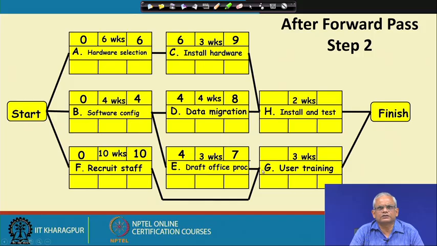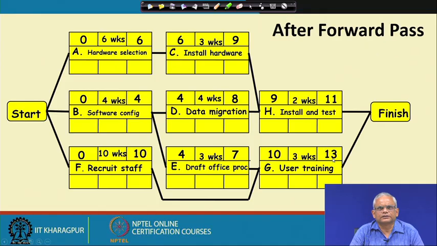Now, G also has 2 predecessors, that is F and E, and even though E completes at 7, it cannot start on 7, it has to start on 10. We will put here 9 and 10, and this becomes 11 and this becomes 13. So, I have done that. So, that is the end of the forward pass. All the earliest start time and earliest completion time are all marked on the tasks.